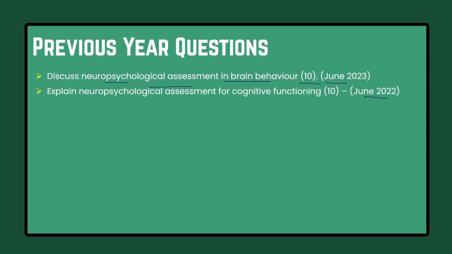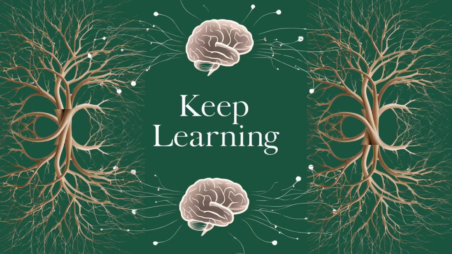And then again in June 2022, this question came again for 10 marks, which says, explain neuropsychological assessment for cognitive functioning. So I have taught you all about neuropsychological assessment. I have given you mnemonics also to remember. All you need to do is write what you have understood, and that should be good enough for 10 marks. That was all about this topic.